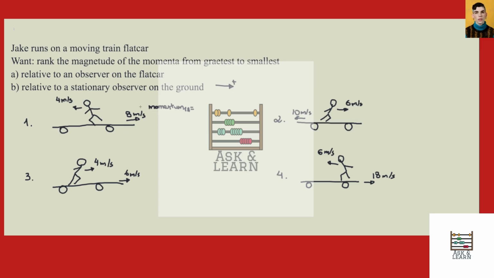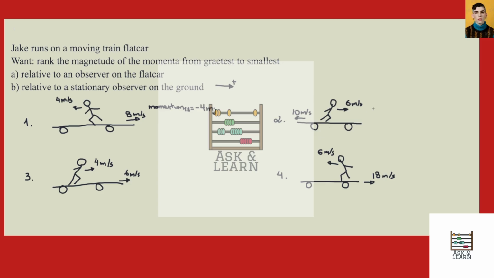So let's start with momentum 1A. We see that Jake is running to the left, so he has a negative velocity. Therefore, for an observer on the flat car, all that he sees on Jake is his 4 meters per second velocity. Therefore, the momentum that he's observing is minus 4 mj, since the formula for the momentum is mass times velocity.